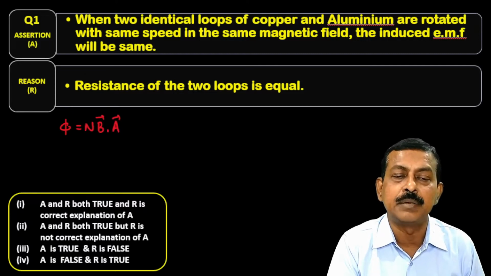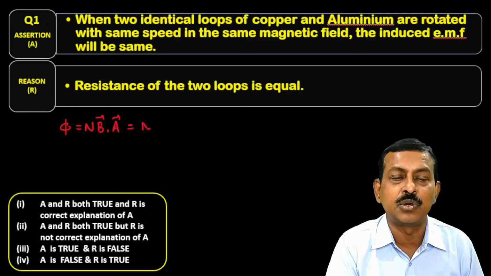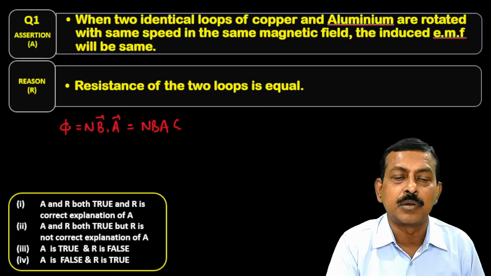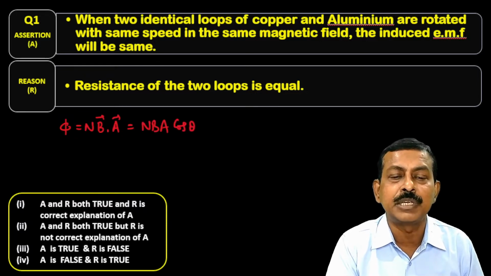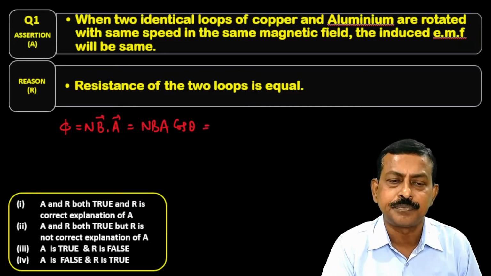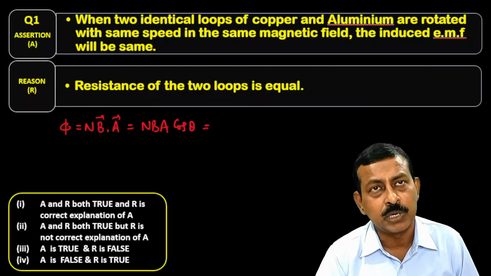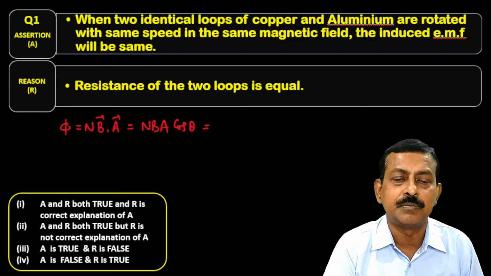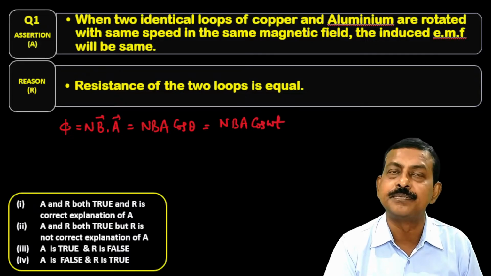NB dot A, that we can write it as your NBA cos theta, and theta we can express in terms of the angular speed there as omega t, so it is your NBA, then it is your cos omega t.